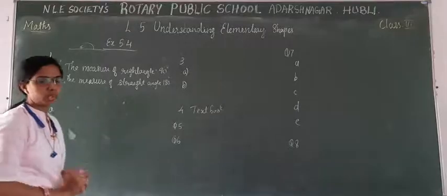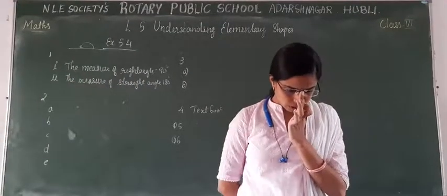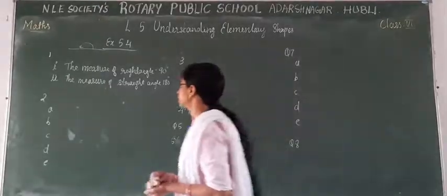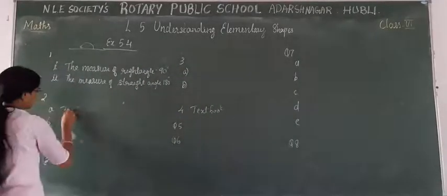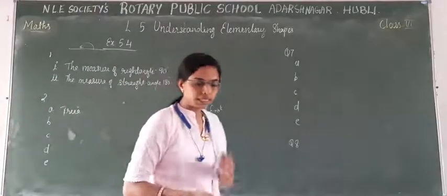Second question. Say true or false. The measure of an acute angle is less than 90 degrees. Yes, it is true. First statement is true. Second statement.